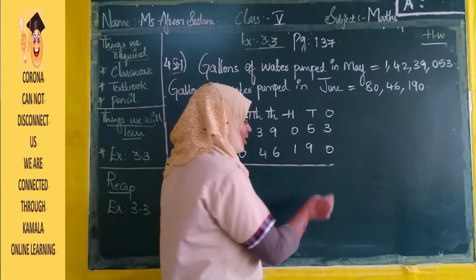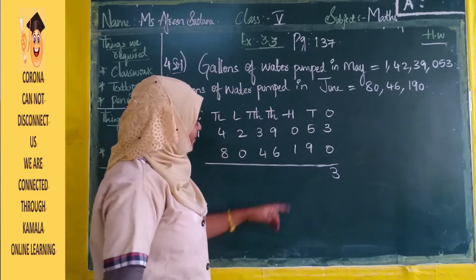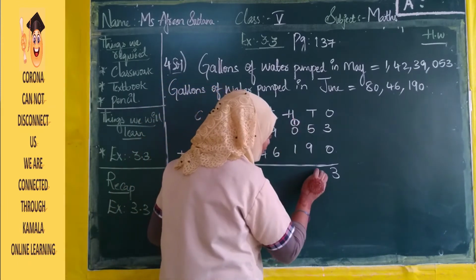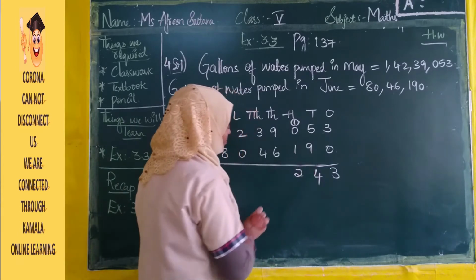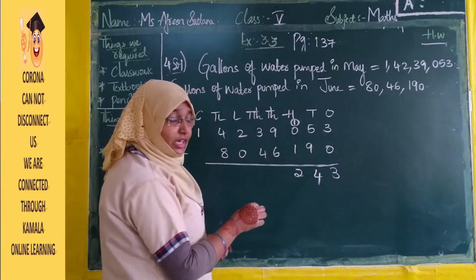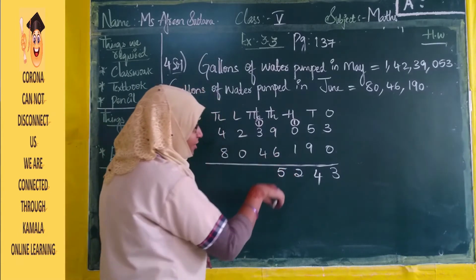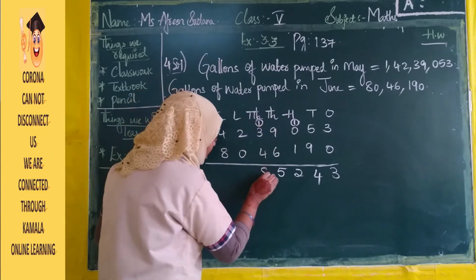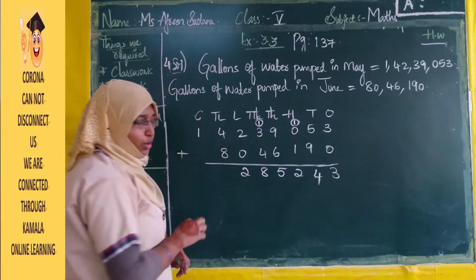3 plus 0. Any number, to any number if you add 0, you will get the same number, 3. 9 plus 5, 14. So 1 will be carried here, 4. 1 plus 1, 2. 2 plus 0 is 2. 9 plus 6 is 15. Very good. 1 will be carried, 5 will be down. 4 plus 3, 7. 7 plus 1 is 8. 2 plus 0 is 2. 8 plus 4, 12.